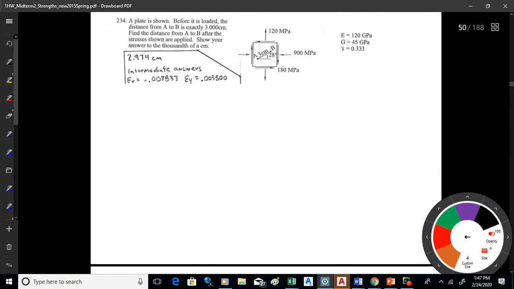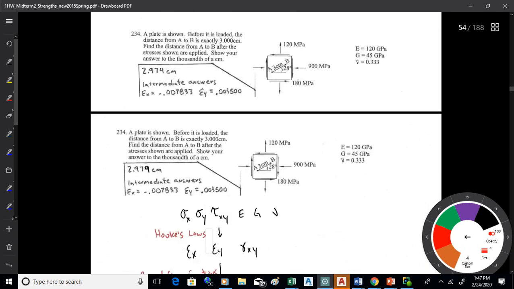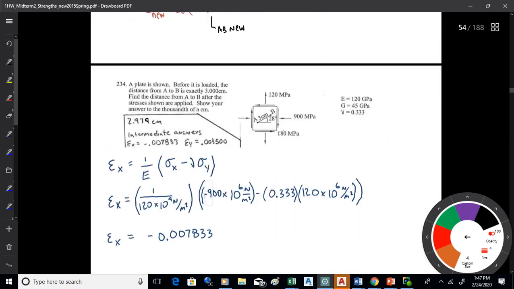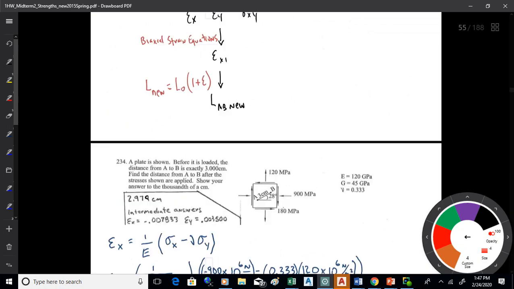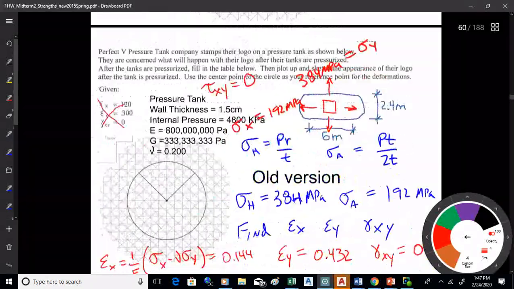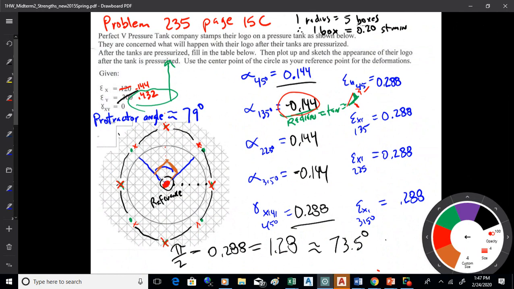Okay, we looked at finding the deformation of a line at an angle. We went through that in our review, so we've done that. So that's just stress to strain with Hooke's law, strain to biaxial strain with the biaxial strain equations, and then the new length. We also had this thing that we did in class where we plotted up the shape of this circle.